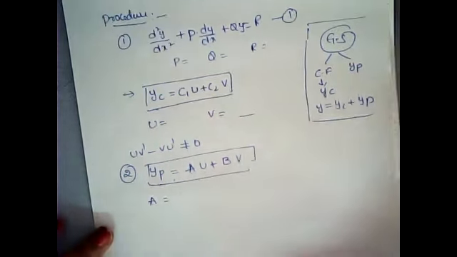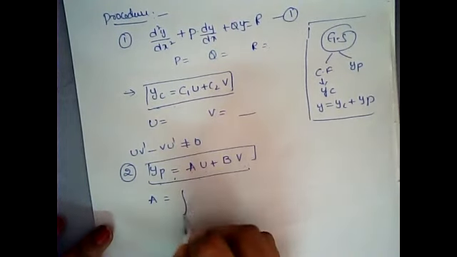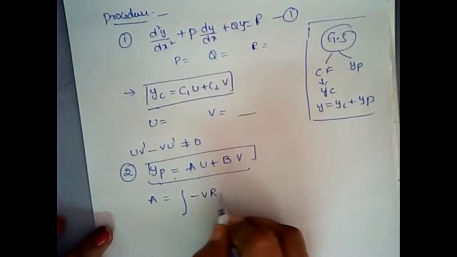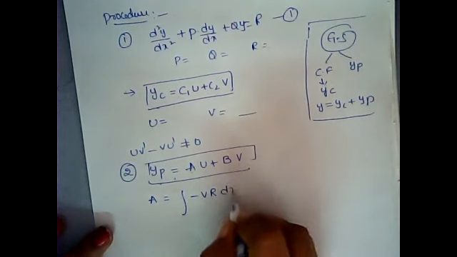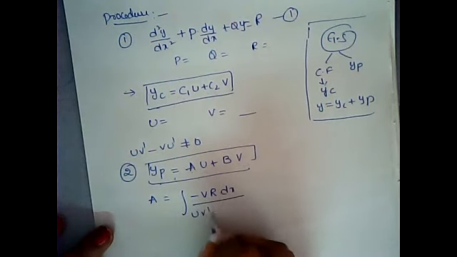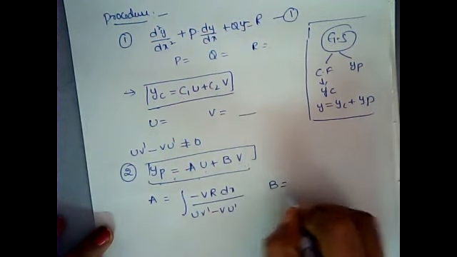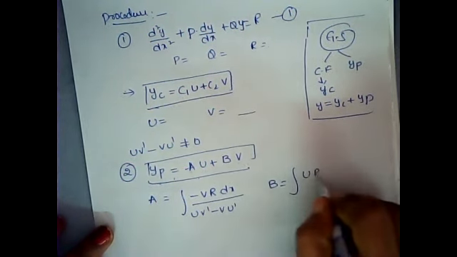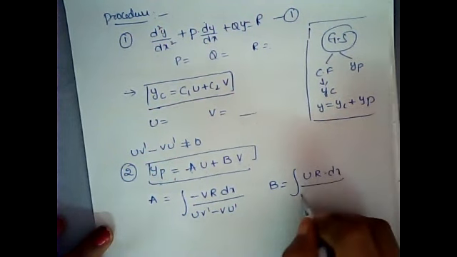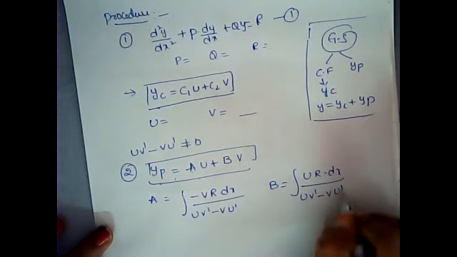What is the formula for a? a is equal to integration of minus v into r into dx by uv dash minus vu dash. In the same way, b is equal to integration of u into r into dx by uv dash minus vu dash here.